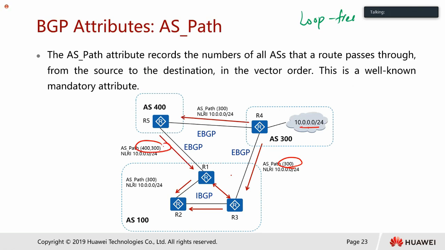One path is better, so this is my best and valid path to AS300. So the AS path specifies the optimal way and also provides loop prevention between ASs. Up to this point, before the next attribute, all good?